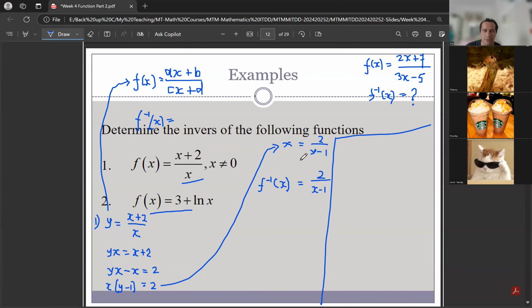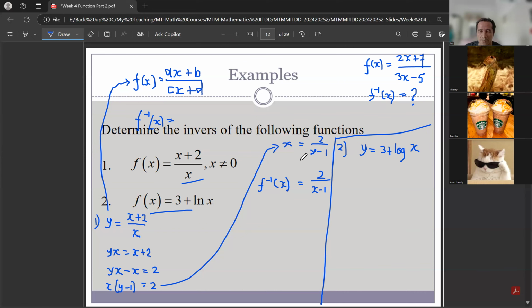This is number 2. I jump into step 1. We have y is equal to 3 plus the logarithm of x, and then we must solve for x.